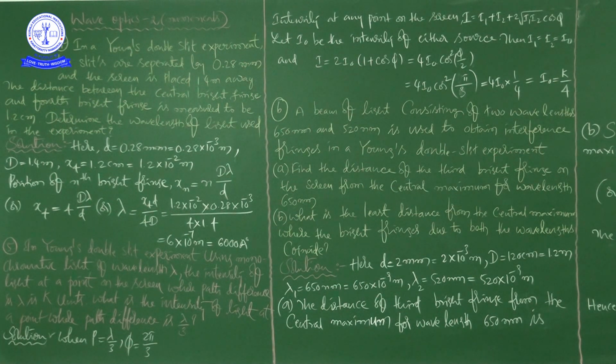If we keep in mind the experimental setup of Young's double slit experiment, based on that you can write small d and capital D, and x4. x4 is the distance between the central bright fringe and the fourth bright fringe, measured to be 1.2 centimeters.